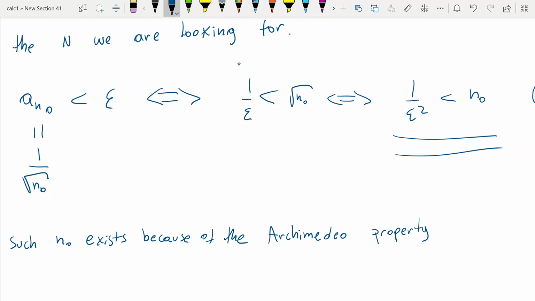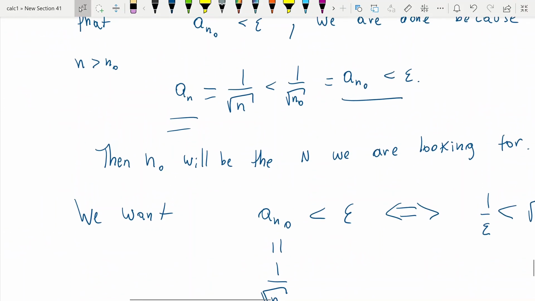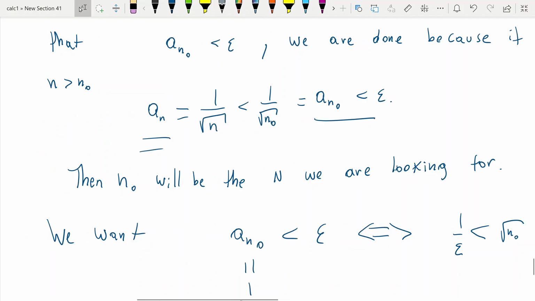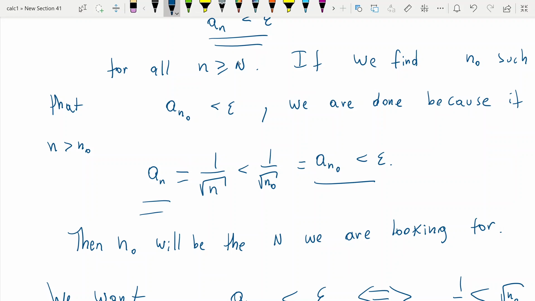And if we go back, we found such an n0, and that n0 is going to be our n. Why? Because if this is true here for some n0, then all the other n's, the n's that are greater than n0, are going to satisfy that a sub n is going to be smaller than epsilon.